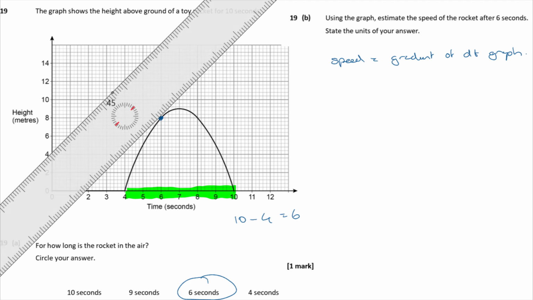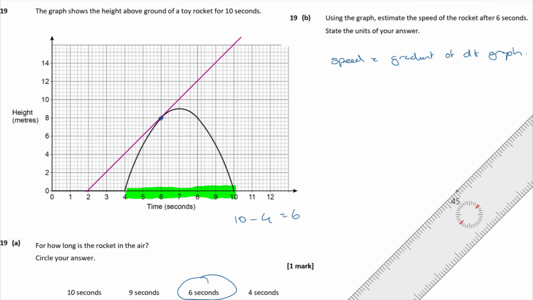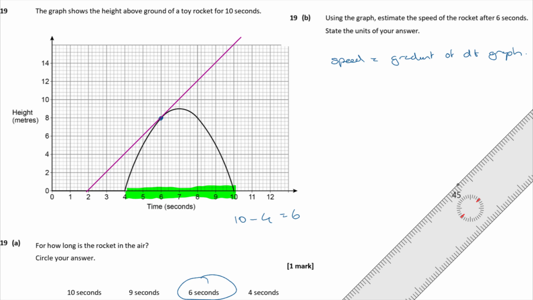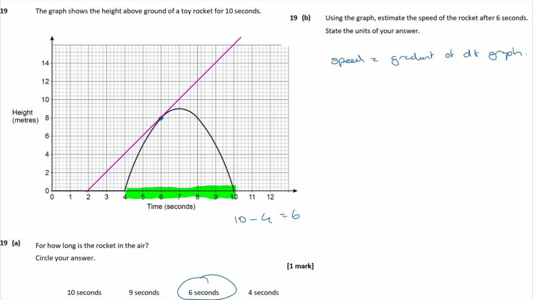We're going to draw that on. So that's my tangent. Because I haven't got a straight line, I'm going to work out the gradient of the tangent rather than the gradient of the line.